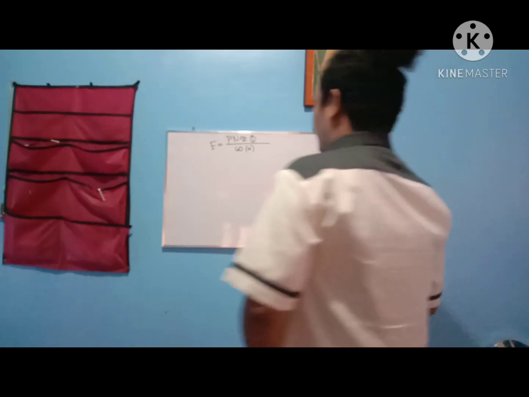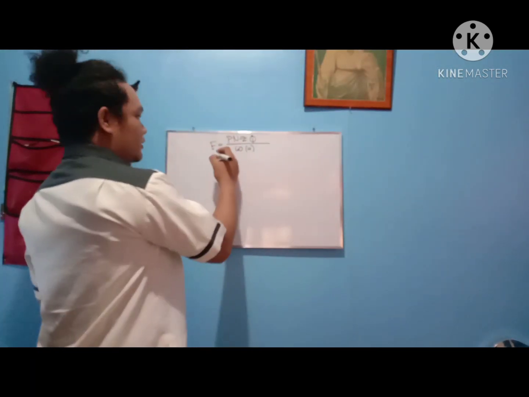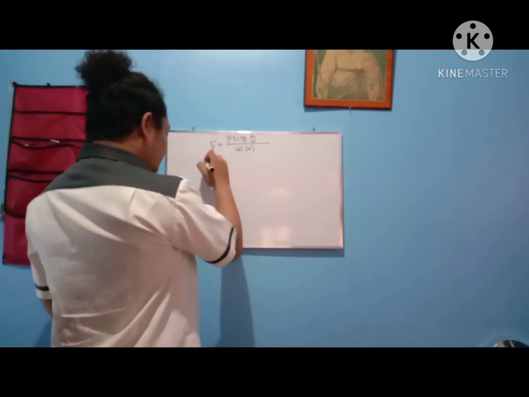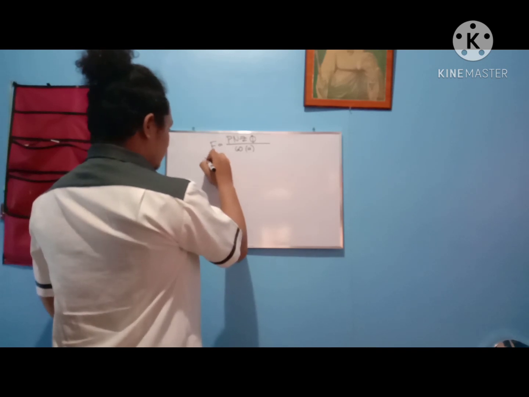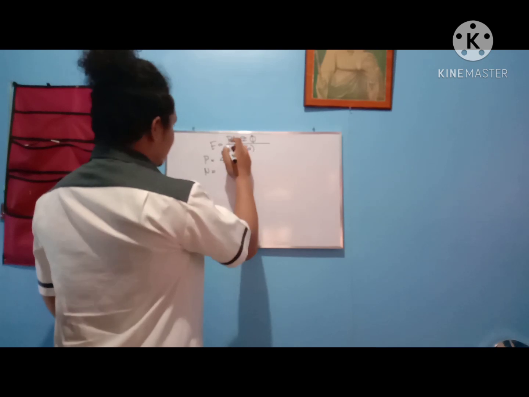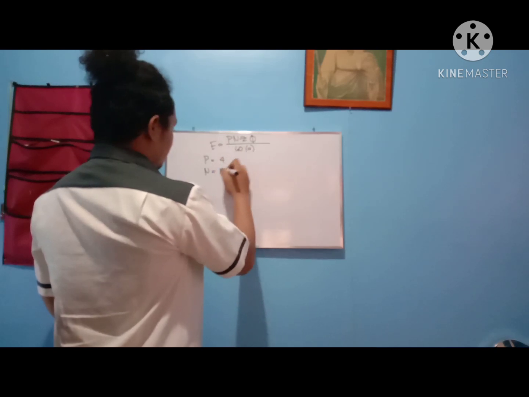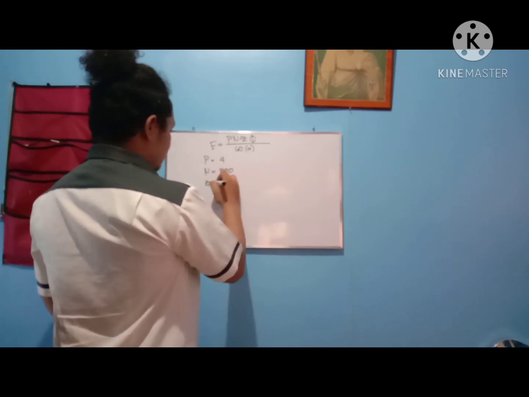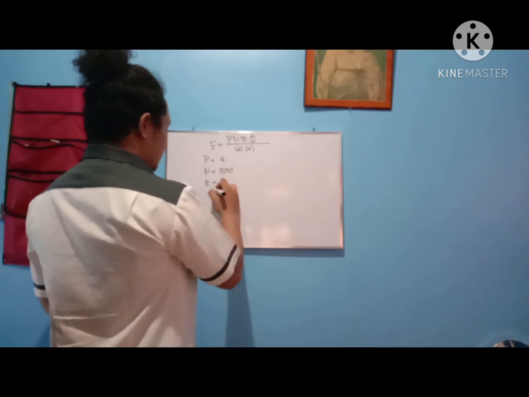Since the given are already there, we identify P equals 4, N equals the RPM, and Z is the unknown.